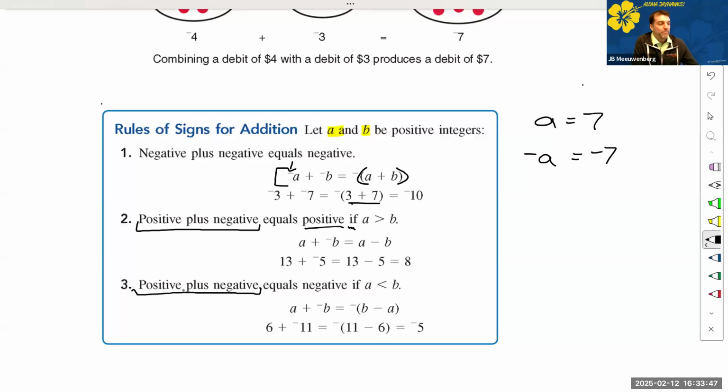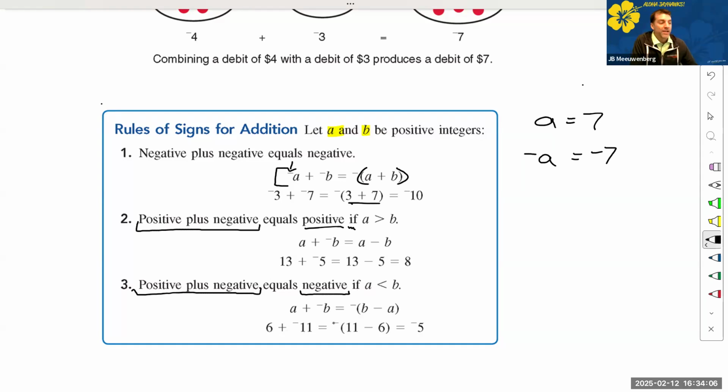For number 3, we have positive plus a negative equals a negative if A is less than B. So A plus -B is equal to negative, the opposite of B minus A. 6 plus -11 is a good example of that.